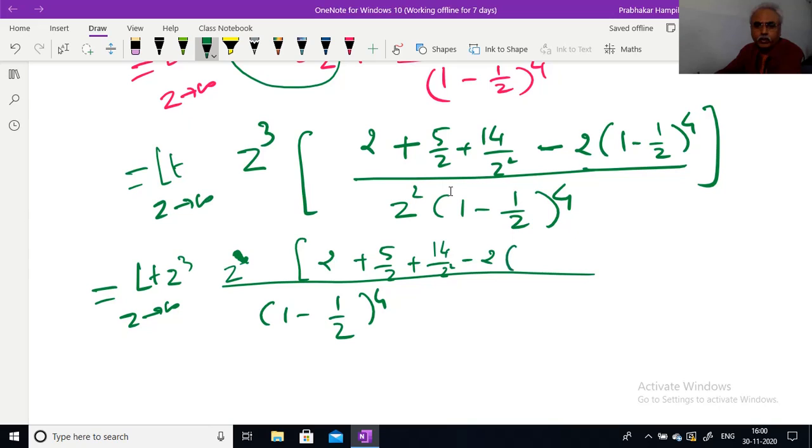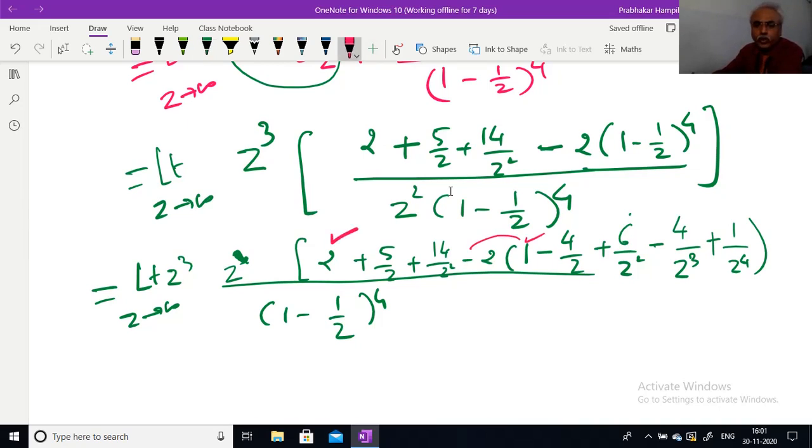There is a small expansion of this, which is 1 minus 4 by z plus 6 by z square, because 4C0, 4C1, 4C2, minus 4C3, 4 by z cube, plus 4C4 means 1 by z raised to 4. This is the expansion of (a minus b) raised to 4 using binomial expansion. Now to be noted is plus 2 and minus 2 getting cancelled. Remains is 5 by z. This is important for us. 5 by z and minus 2 and minus 4.